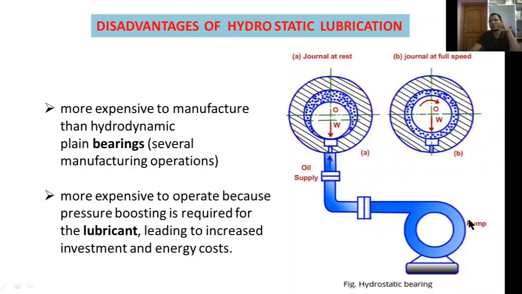The cost of this pump is also high compared to other pumps. For hydrostatic bearings, the externally pressurized pump is very important. Without the pump, we can't pump lubricant. So the hydrostatic lubrication system is very expensive compared to other bearings.